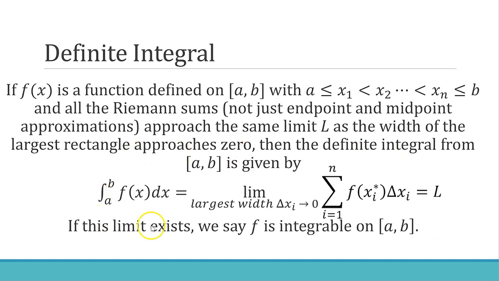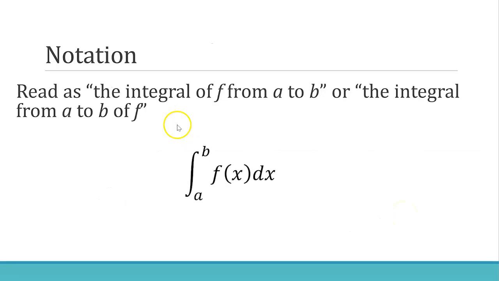So this is a super formal way of defining a definite integral, similar to when we defined a derivative as the limit of a difference quotient. So here we're saying a definite integral is the limit of a Riemann sum. Let's briefly talk about notation. This is read as the integral of f from a to b, or the integral from a to b of f, and this is the integral sign.